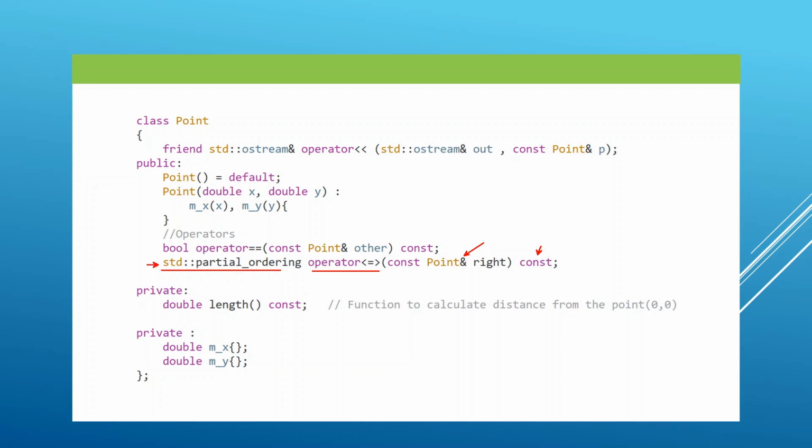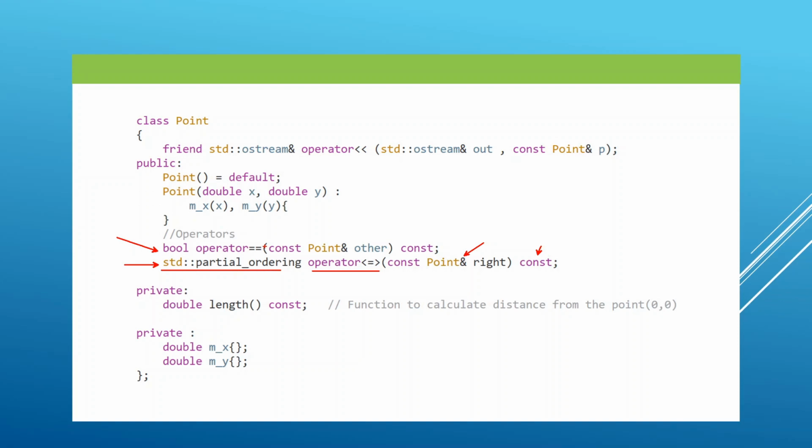Because we have said that we want to put in our own implementation of the operator here, the compiler knows that whatever it might come up with by default might be wrong. So the responsibility to put in the equals operator falls on you if you put in your own custom implementation for the 3-way comparison operator.